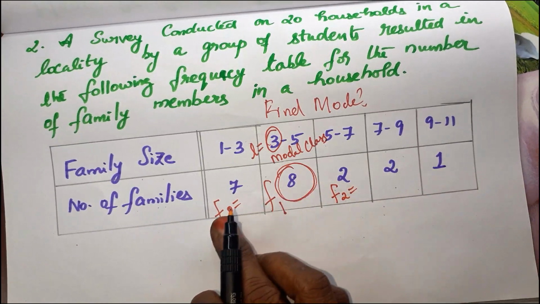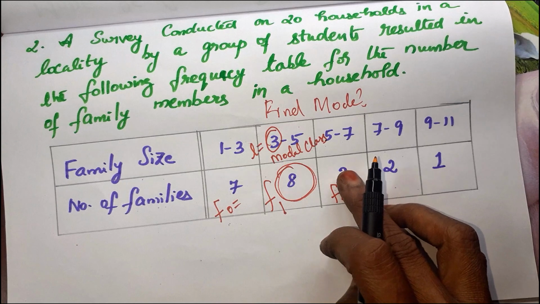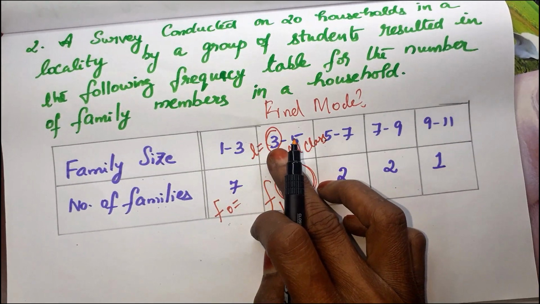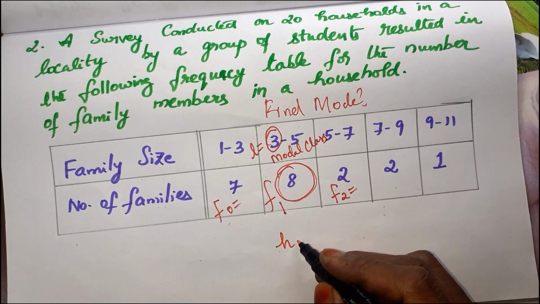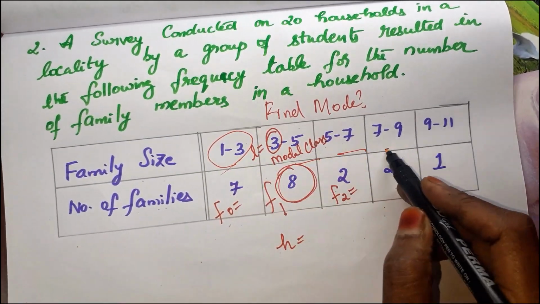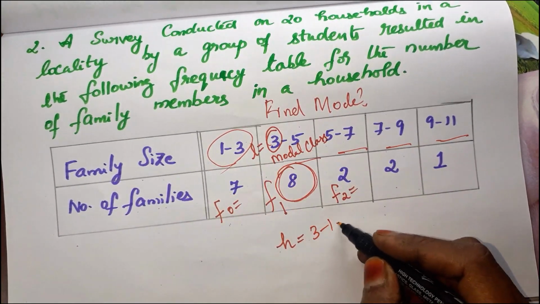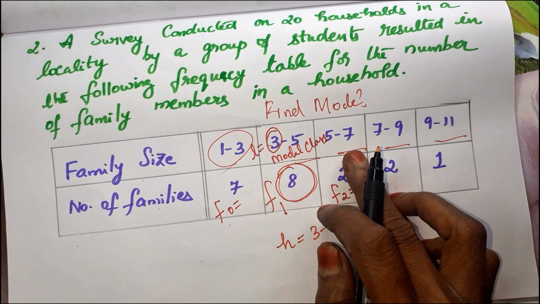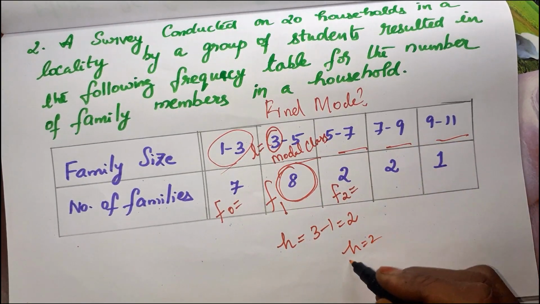So F1 equal to 8, F0 equal to 7, F2 equal to 2, and L is the lower limit of the modal class, which is 3. Finally, we have one more, H, the size of the class intervals. What is the size of the class intervals given? 3 minus 1, which is equal to 2. Everything has the size 2. So H is equal to 2.